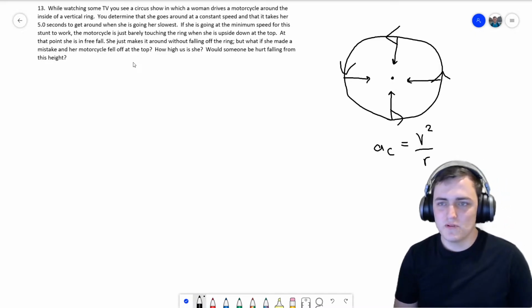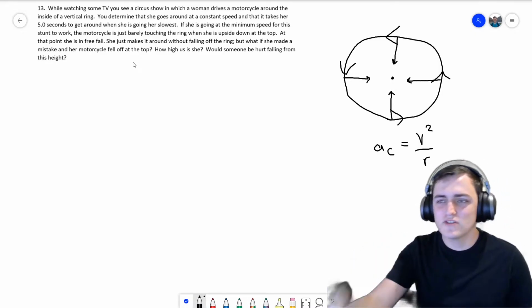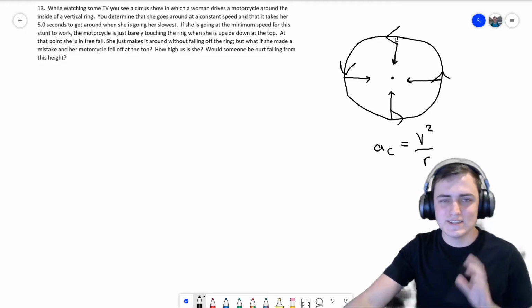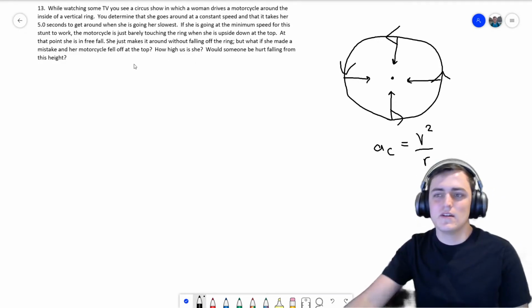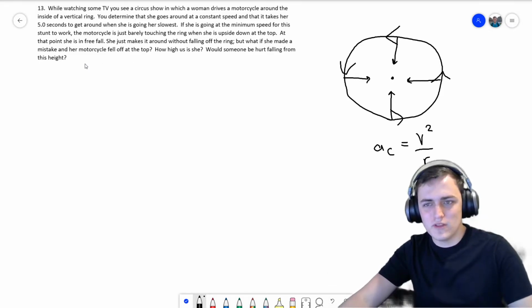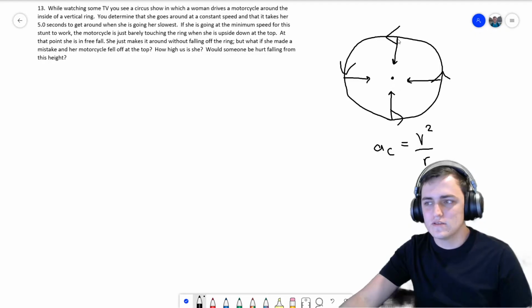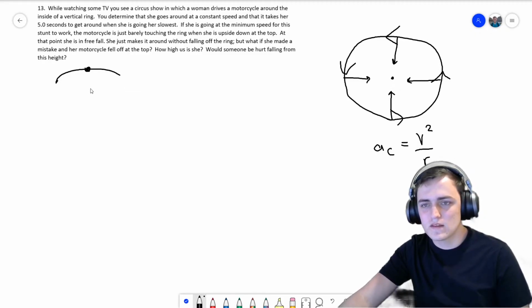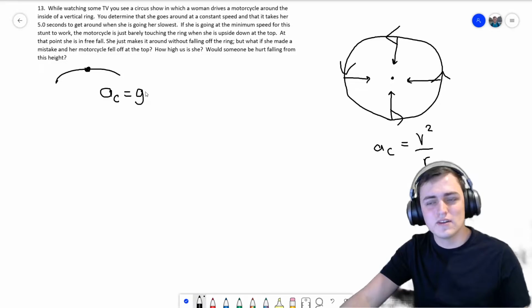This means that the motorcycle is just barely touching the ring when she is upside down at the top. She is in free fall at that point. When we are in free fall, the only force acting on us is gravity. So at the top of the motion right here, a sub c, centripetal acceleration, is just gravity. Gravity is the only thing accelerating her down.